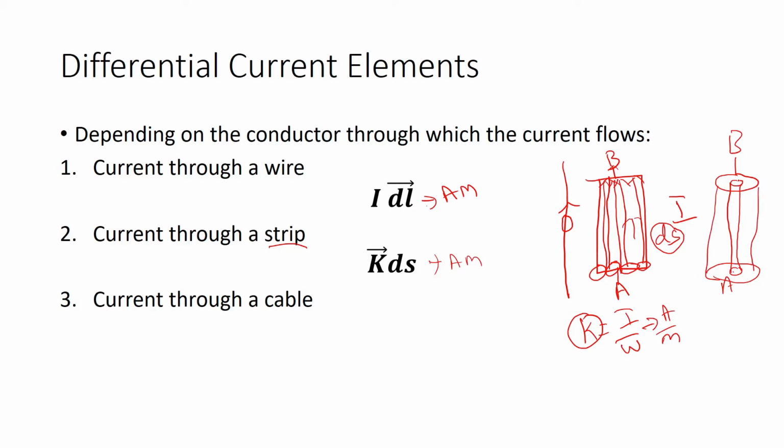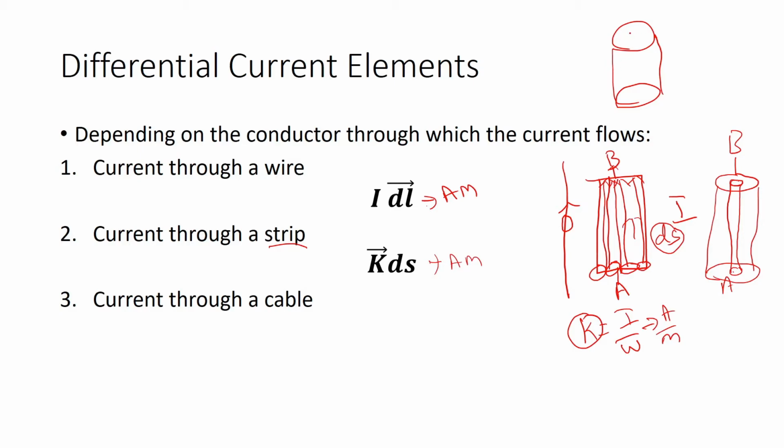Now this inner layer is a cylinder. The current is flowing through this cross-sectional area, right?